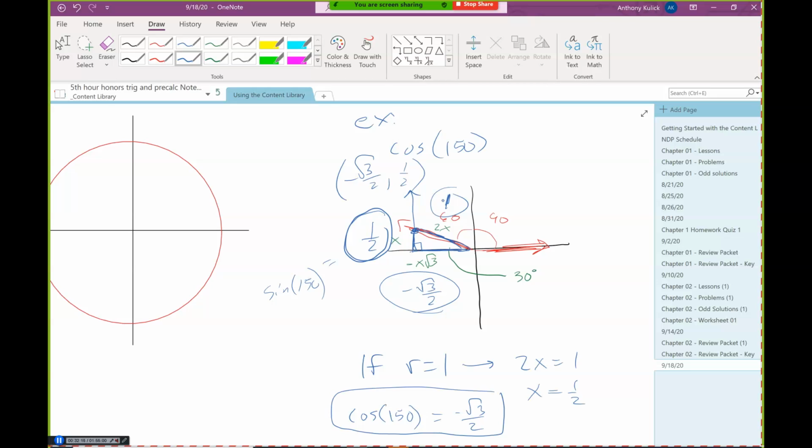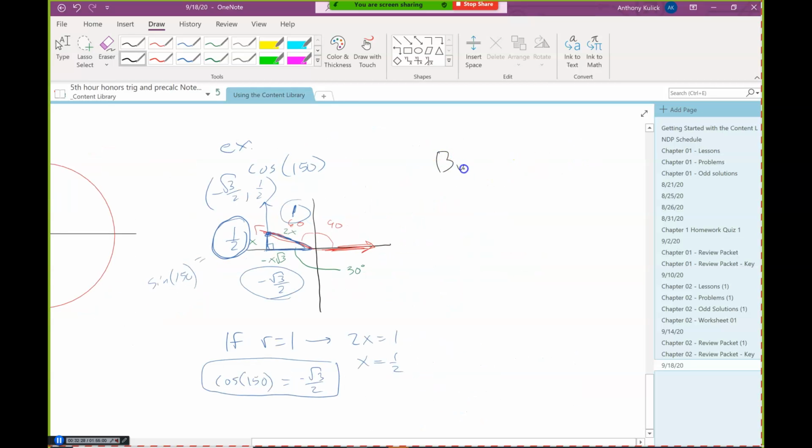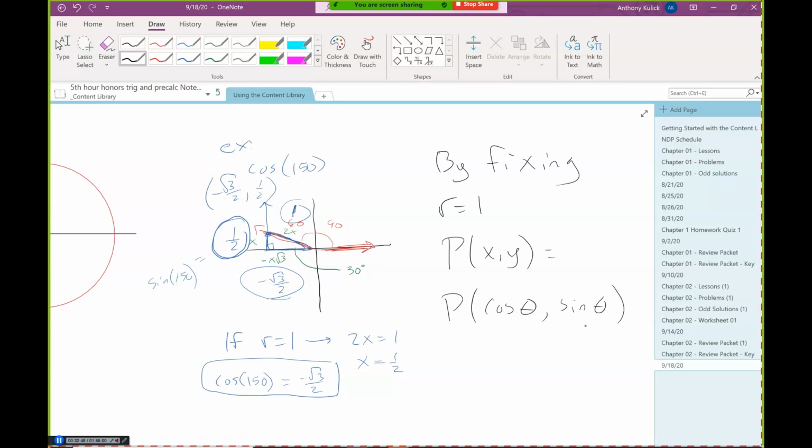Is everybody okay there? So what are we noticing that fixing the radius to 1 does? That point (x, y): the x-coordinate is the same as cosine of theta, and the y-coordinate is the same as sine of theta.